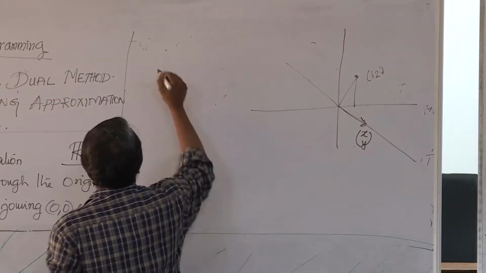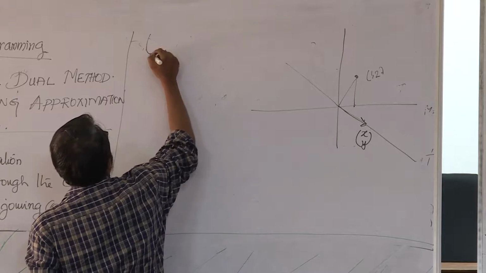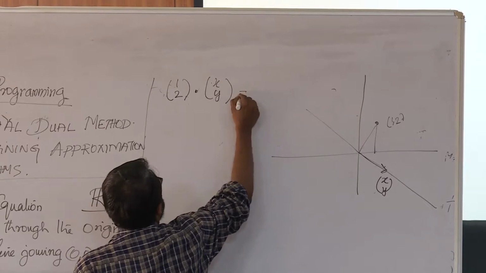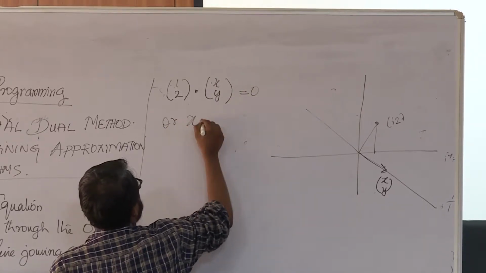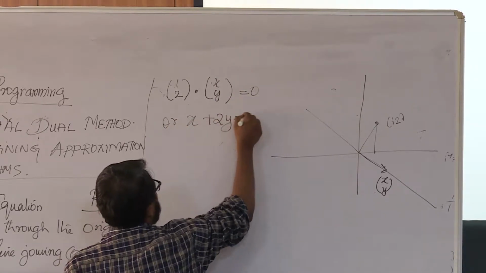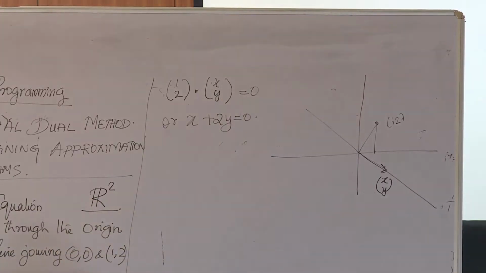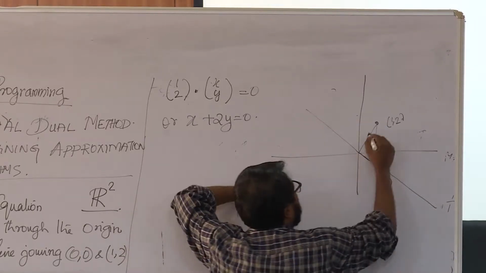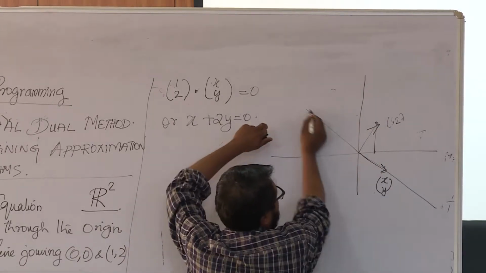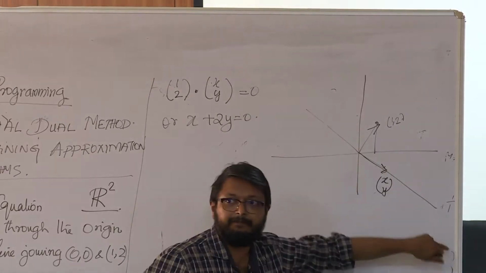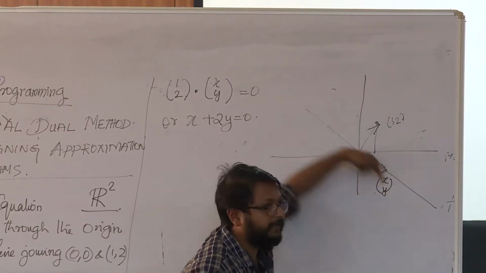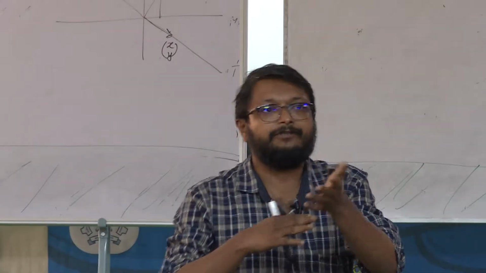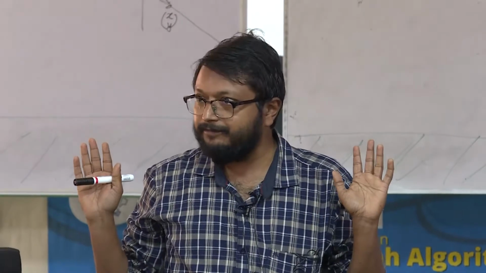So you have the equation: dot product of 1, 2 with x, y equal to 0, or x plus 2y equal to 0. You know that two vectors are perpendicular if and only if their dot product is 0.